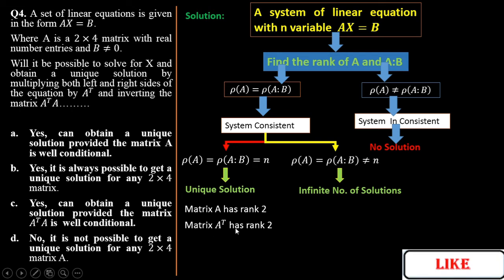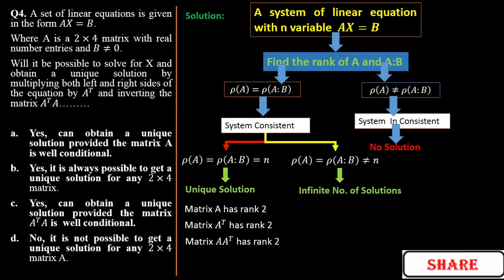Now A transpose A will also have the same rank, that is 2. So again we have used the property. It means whenever you multiply by A transpose on both sides, the coefficient matrix will have rank 2.